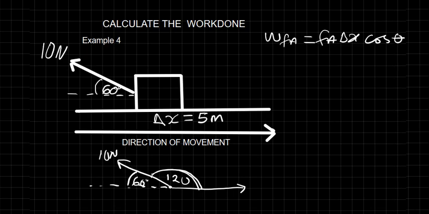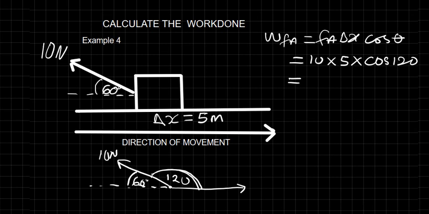We have the applied force to be 10 and the displacement to be 5, and the cos of theta to be cos of 120 degrees. So this gives us negative 25 joules.